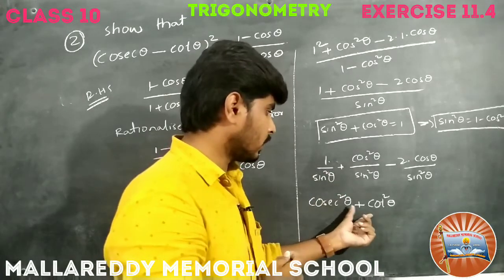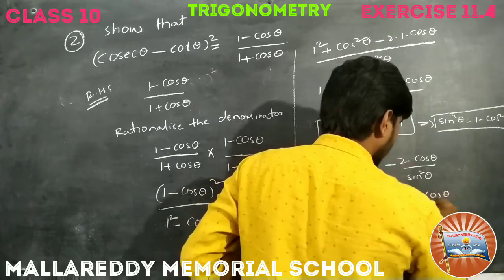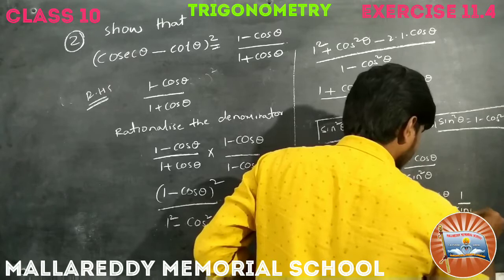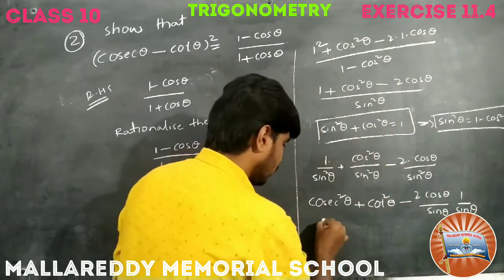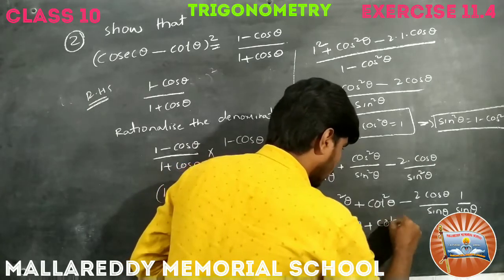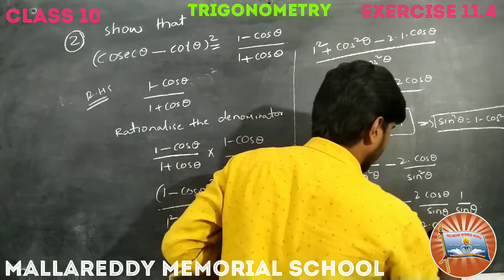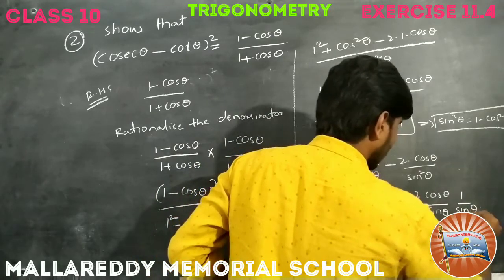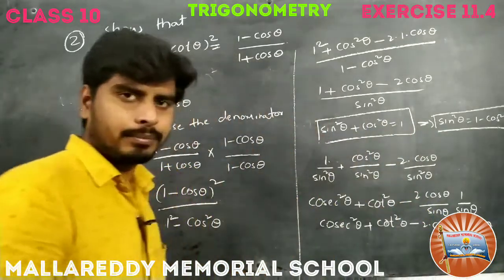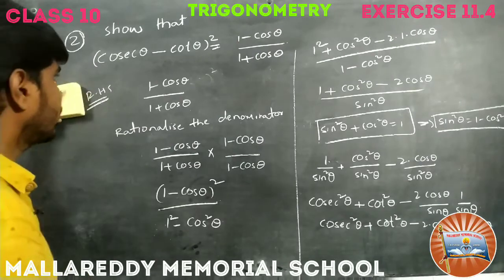Cosec square theta plus cot square theta minus this cos theta by sin theta into 1 by sin theta. So what becomes? Cosec square theta plus cot square theta minus this becomes 2 cot theta into 1 by sin, we can write cosec theta, isn't it? So I am writing here the remaining problem. I am going to erase this.